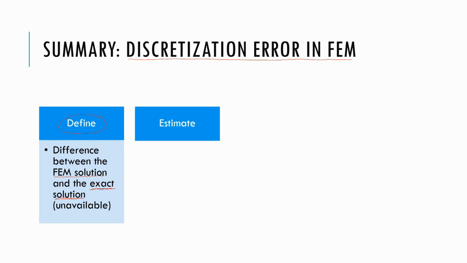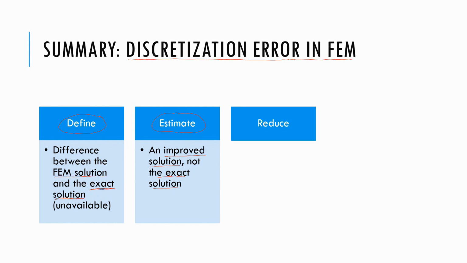So we estimate the error. And how we estimate error is by comparing the solution we have got with an improved solution, however way we can get it. And one way we talked about was to use a higher order element. So we compare with that and not the exact solution to get an estimate of the error.